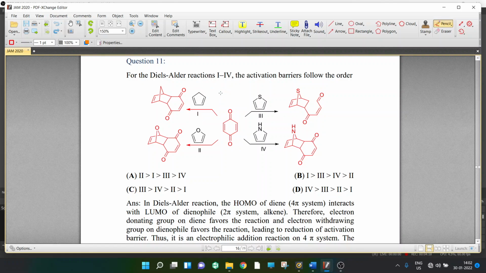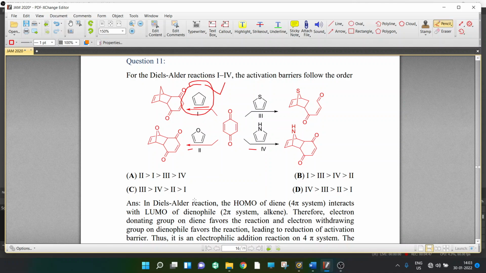Aromatic means they are stable, they will not undergo reaction so easily. Specifically, aromatic systems undergo electrophilic substitution and not electrophilic addition reaction. So for them it will be tough to undergo electrophilic addition, whereas this will find it very easy. So this will be fastest, and therefore the activation barrier will be lowest. Remember, activation barrier will be lowest.